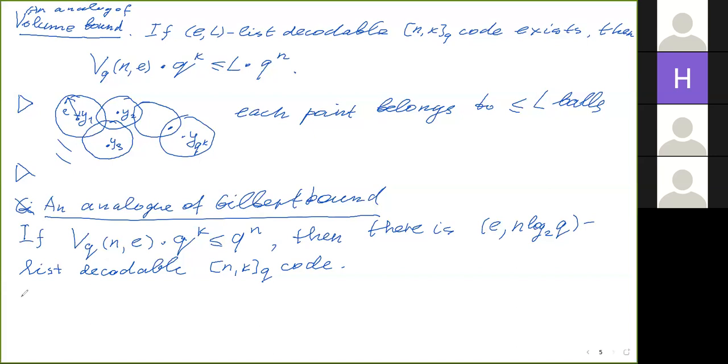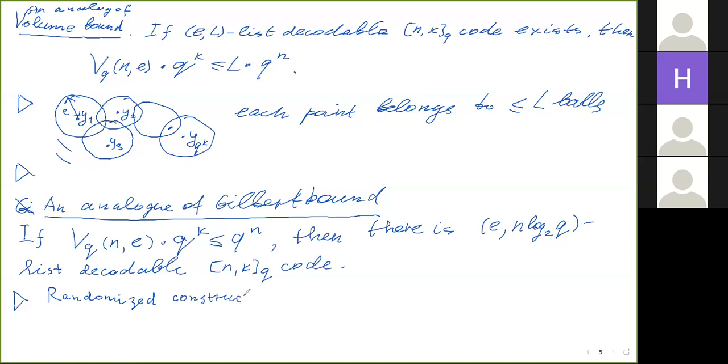And this is proved using a randomized construction, so to say.